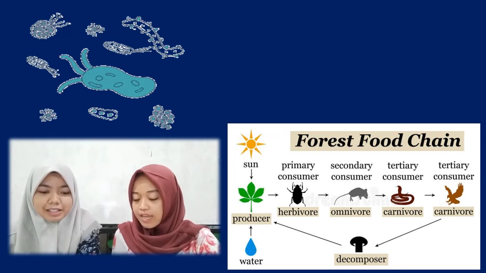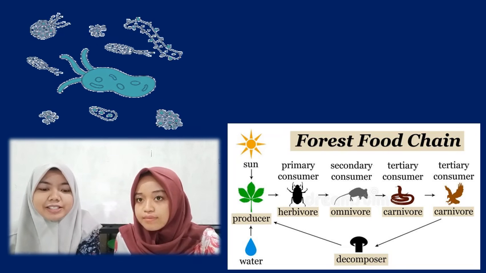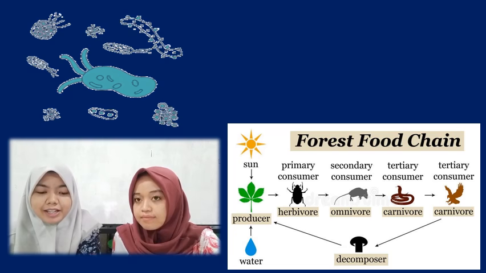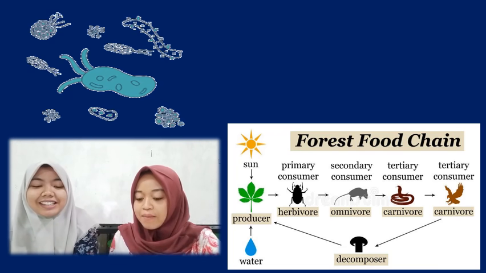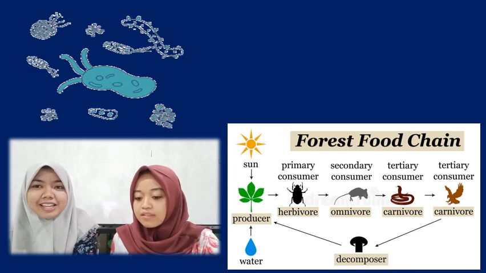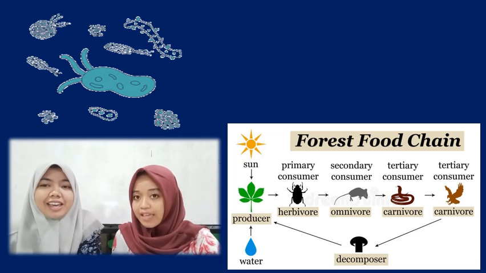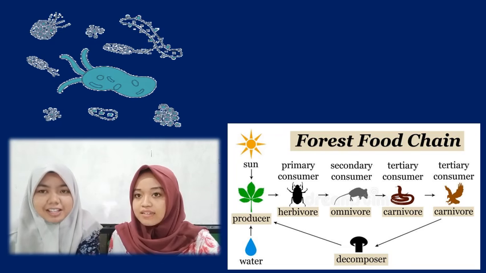In this food chain, there are some predators. One is a mouse. Okay, mouse. And the second is a snake. Yes, snake. And the third is an eagle.